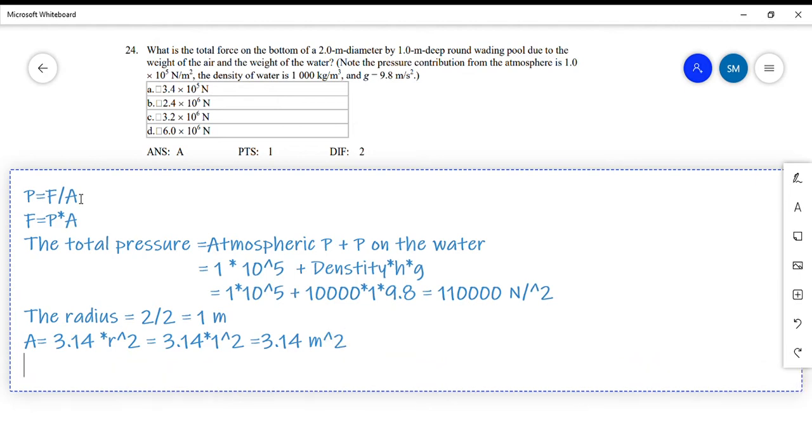Okay, so here we have the area and the pressure, so we can simply calculate the force.